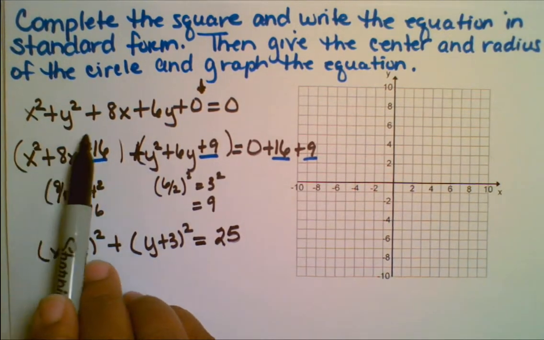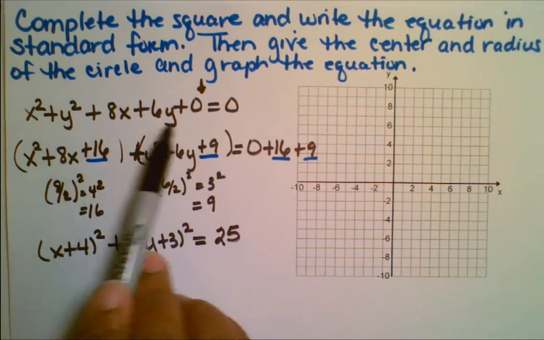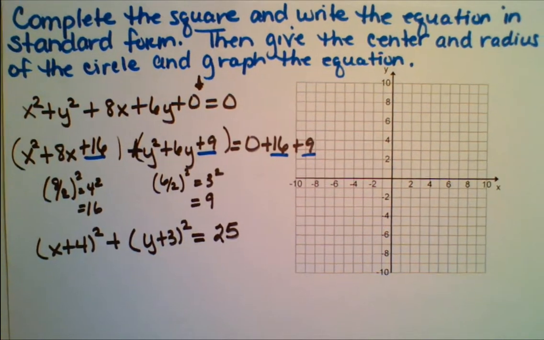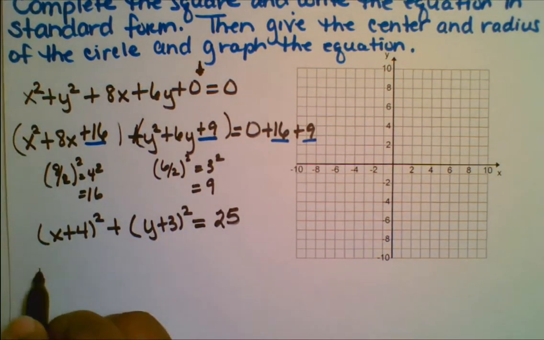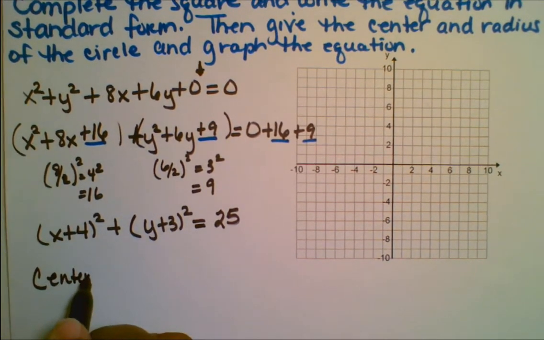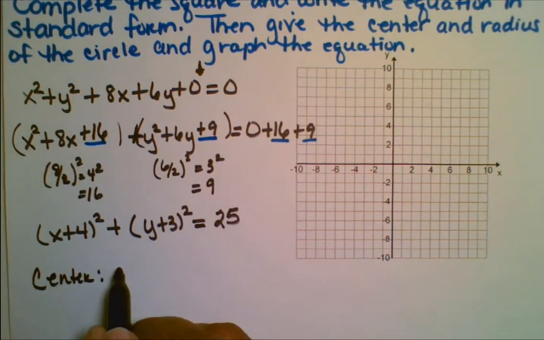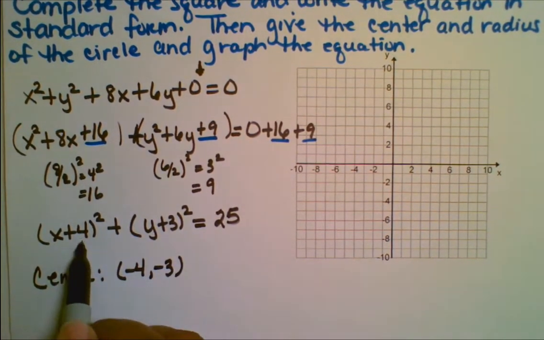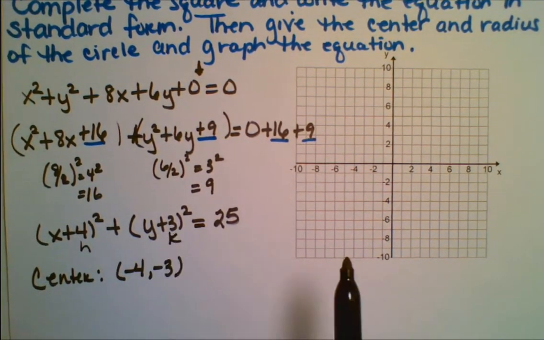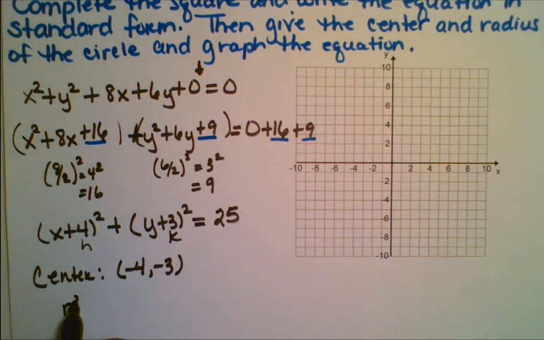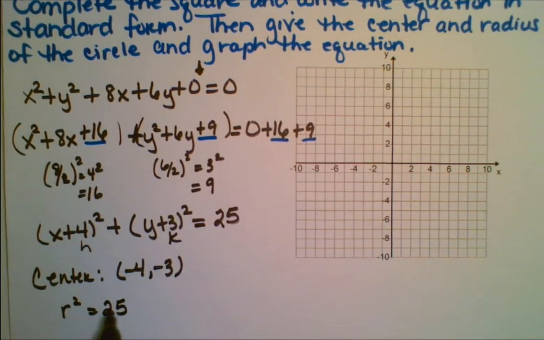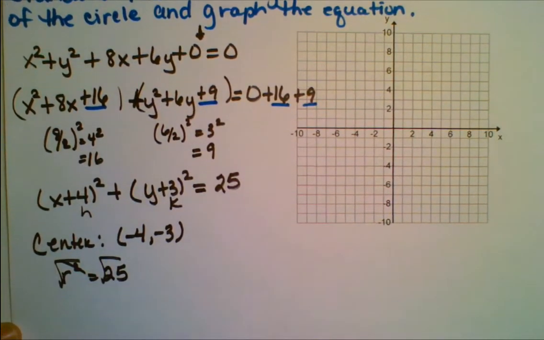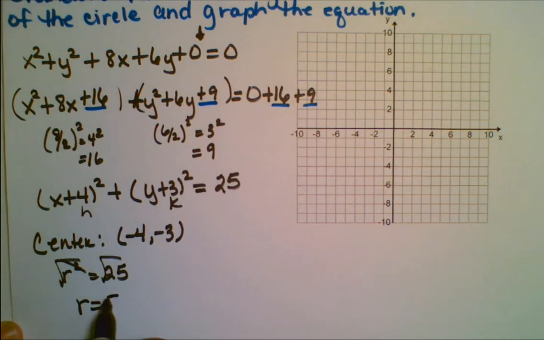Now we took an equation in general form and wrote it in standard form so we can easily find its center and the radius. Its center here is -4, -3. Take the opposite; this is our h and k. Our r squared is 25, and we take the square root of that to find r, so r is equal to 5.